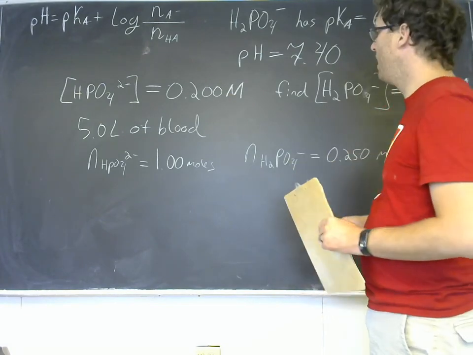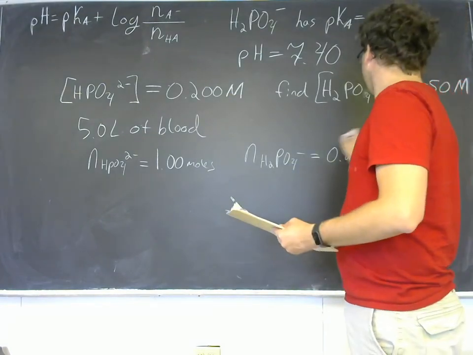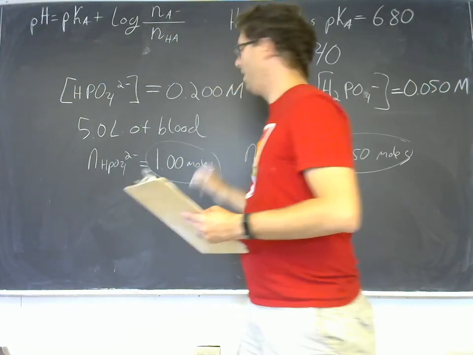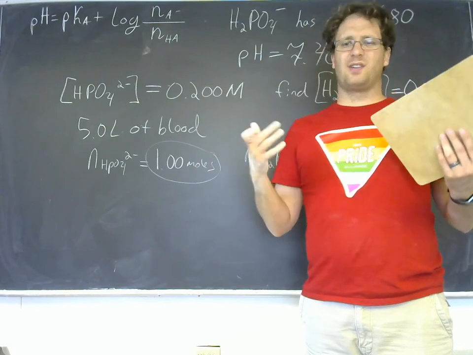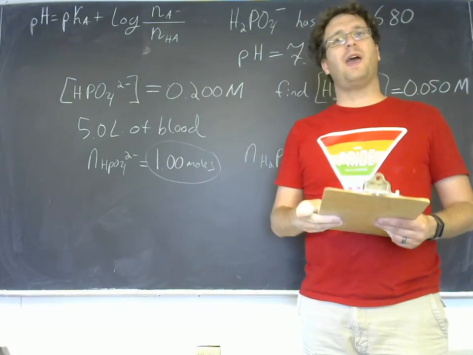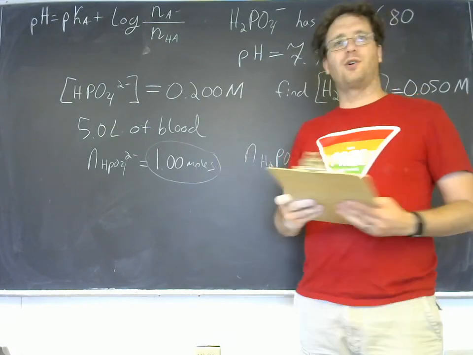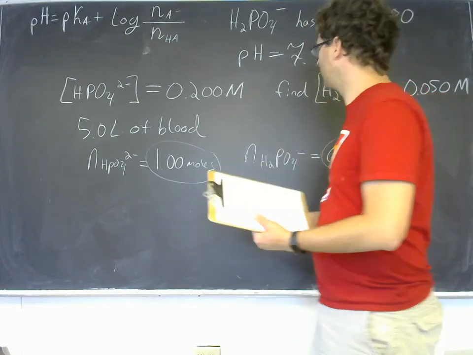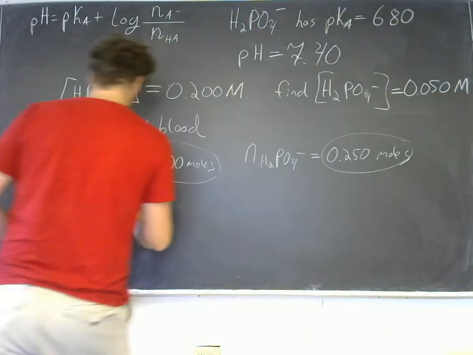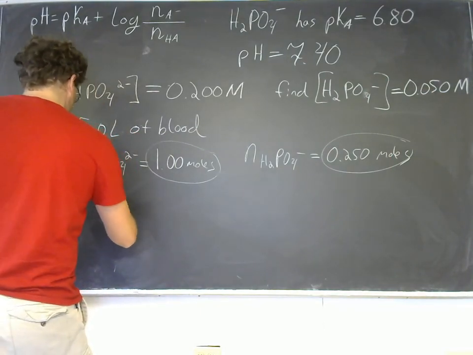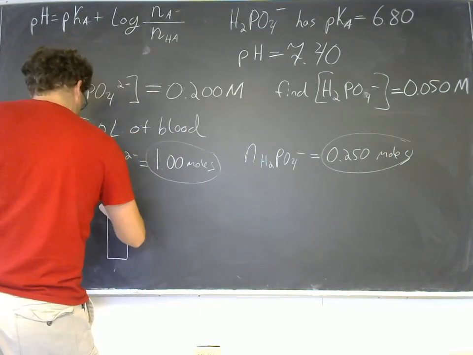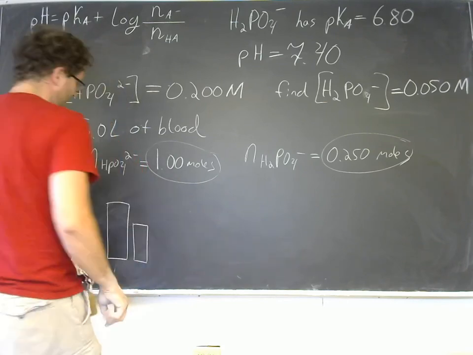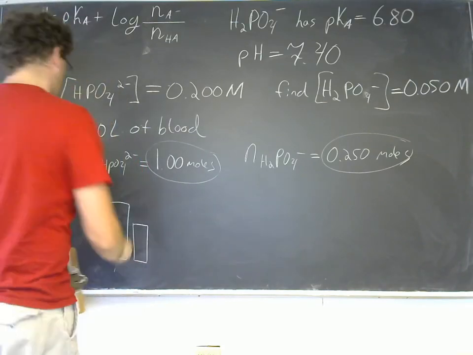And now at this point we can figure out the buffer capacity. I'm going to show you kind of the long, difficult way, and then I'm going to show you the easier way. Let's recall that the idea is that right now we have more base than acid.